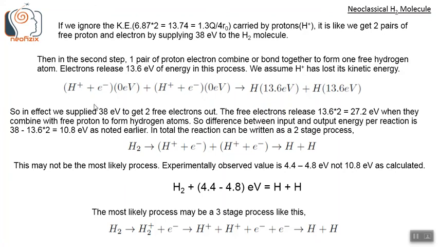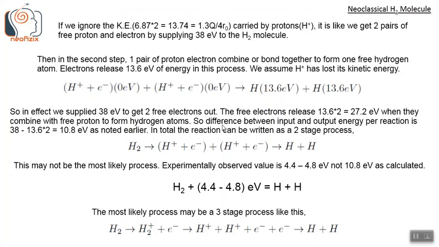So in effect, we supplied 38 electron volts in the first step to get two free electrons out, and these two free electrons release 13.6 times 2, that is a total of 27.2 electron volts, in the second step, when they combine with the free protons to form the hydrogen atoms. So in this second step, we get back 27.2 electron volts from the system.